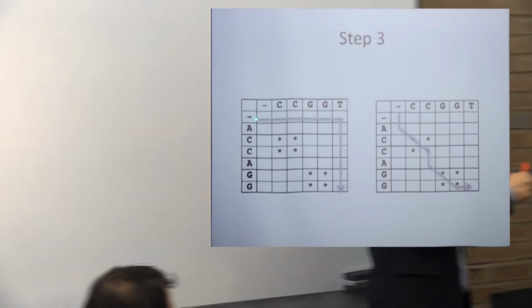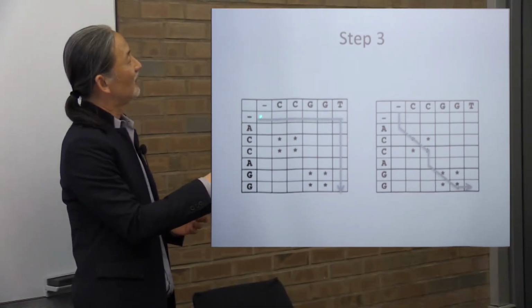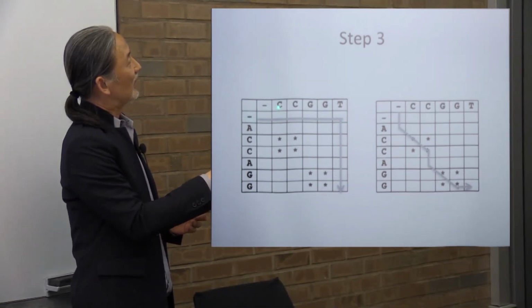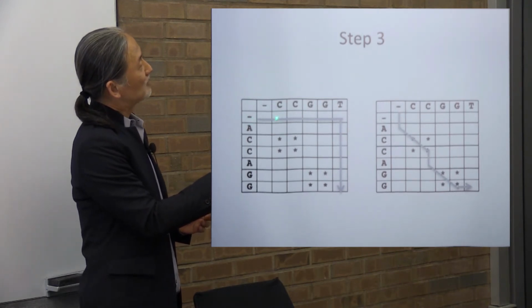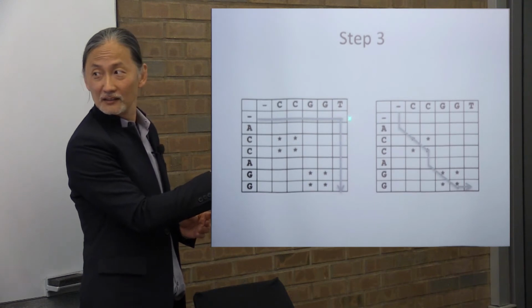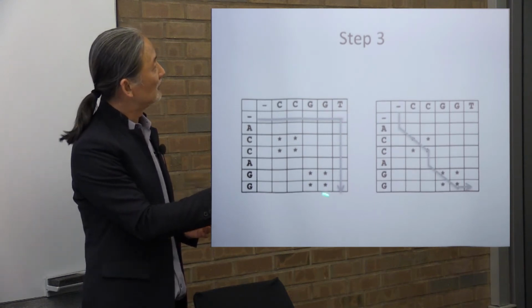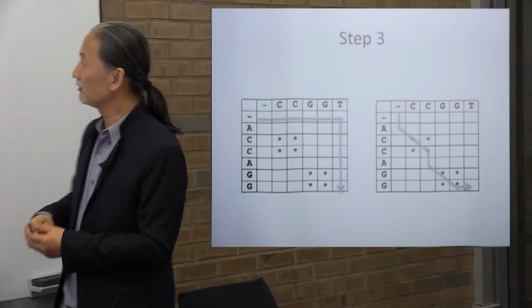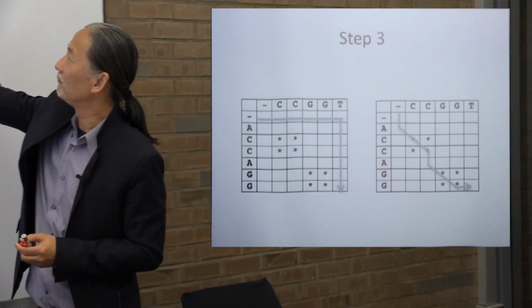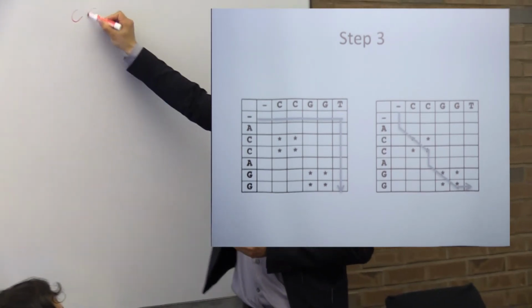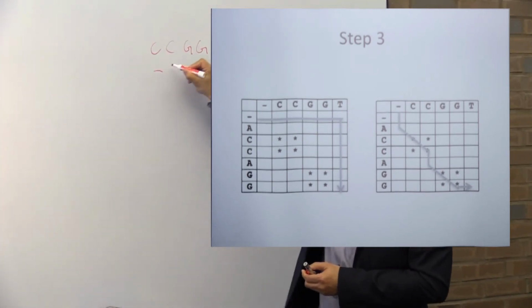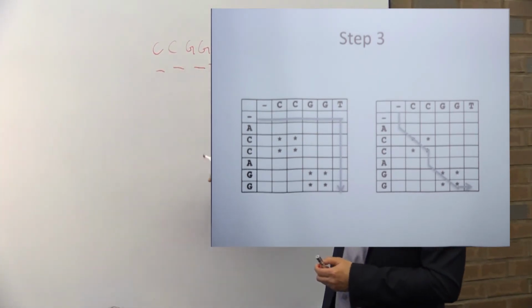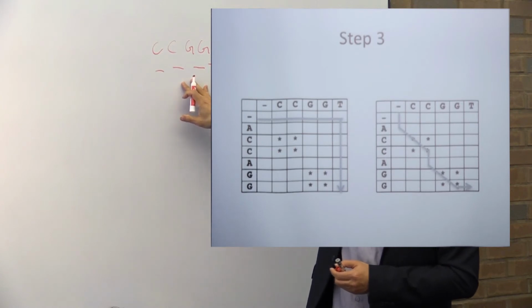What this path means is that there's a deletion, and then all of these letters are matched up against the deletion. And then all of these letters follow after that. So I'll just start at the top. It means C, C, G, G, T, and all of those things are matched to a deletion in the bottom string.